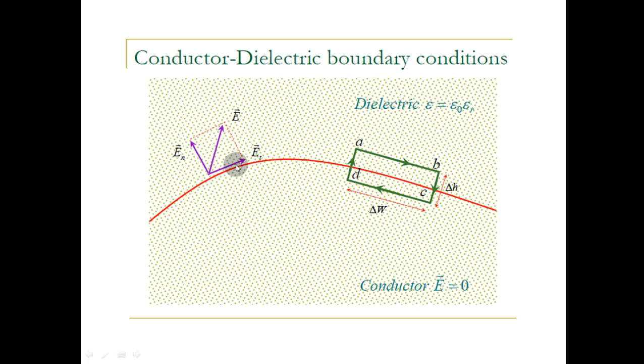It has one tangential component and another normal component. This is the specific space that we have already described. This is the ABCD path, which has a del H height, infinitesimally small height and width, and the dielectric value will be epsilon is equal to epsilon 0 into epsilon r. Epsilon r is the relative dielectric constant and epsilon 0 is the dielectric constant at free space.